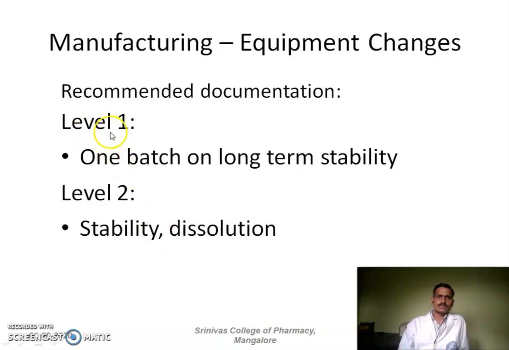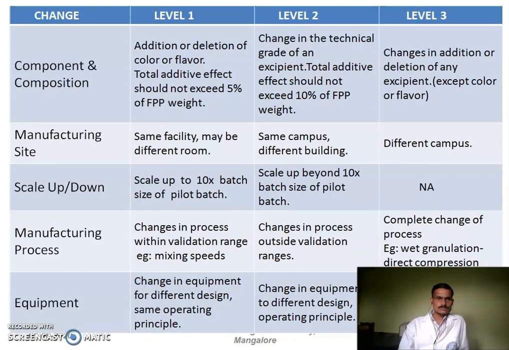So in this case, for a level 1 change, one batch on long-term stability study you have to upload, and for level 2, stability and dissolution you have to go for. Then these are the various changes, level 1, level 2, level 3: component and composition changes, manufacturing site, scale up or scale down, manufacturing process, equipment.